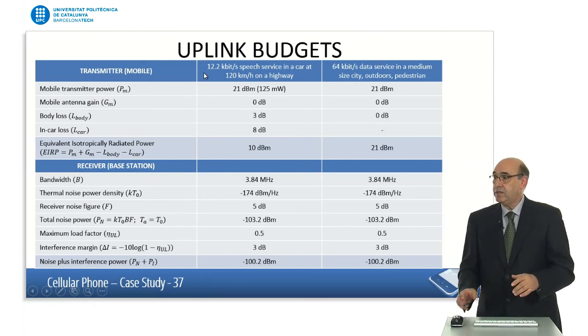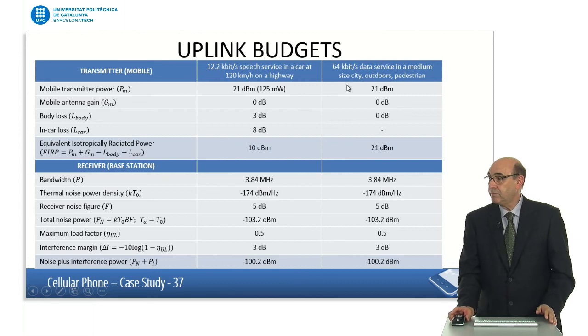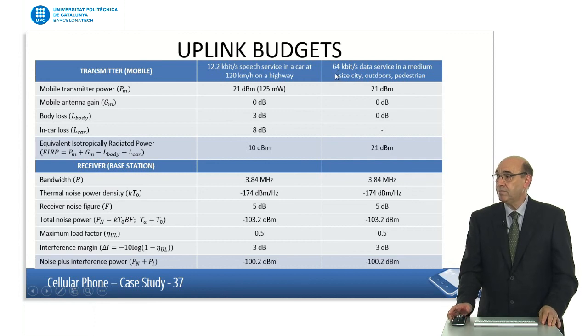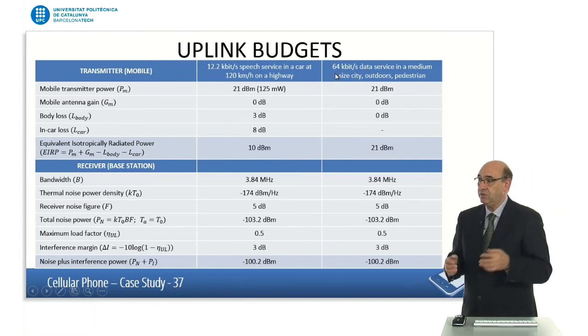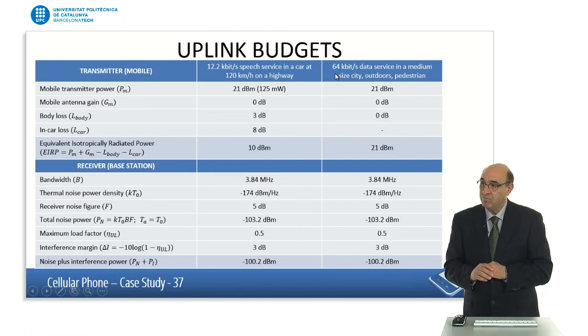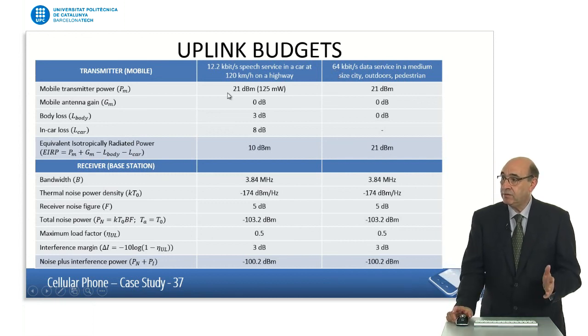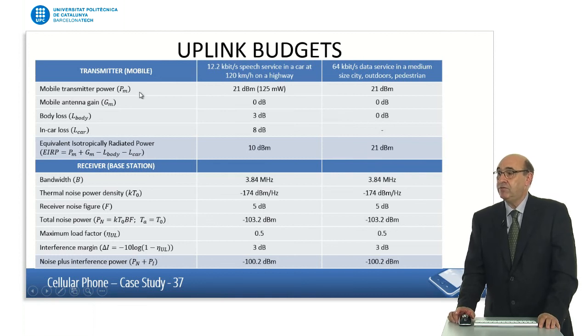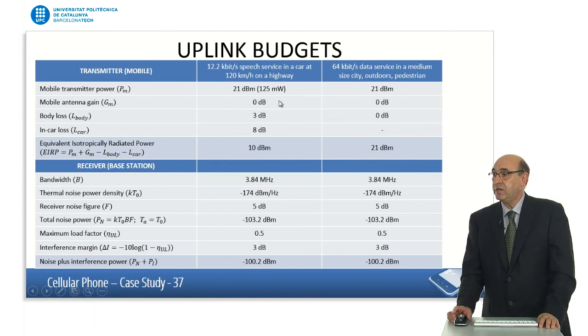The second one is you are walking in the city and you just want to connect to send some data at 64 kilobits per second. You are outdoors, walking, in a medium-sized city. Right? So let's assume that the base station that is controlling your mobile phone, in both cases, has set your level at 21 dBm.